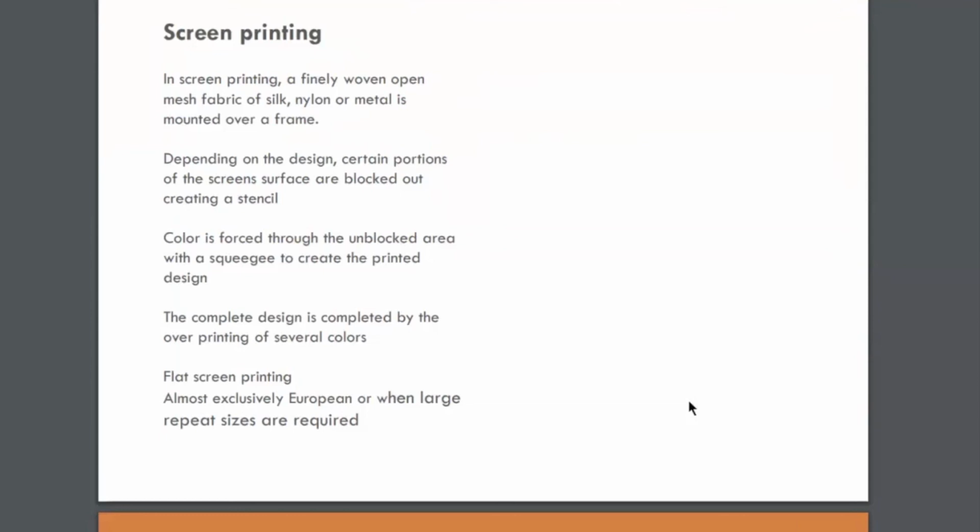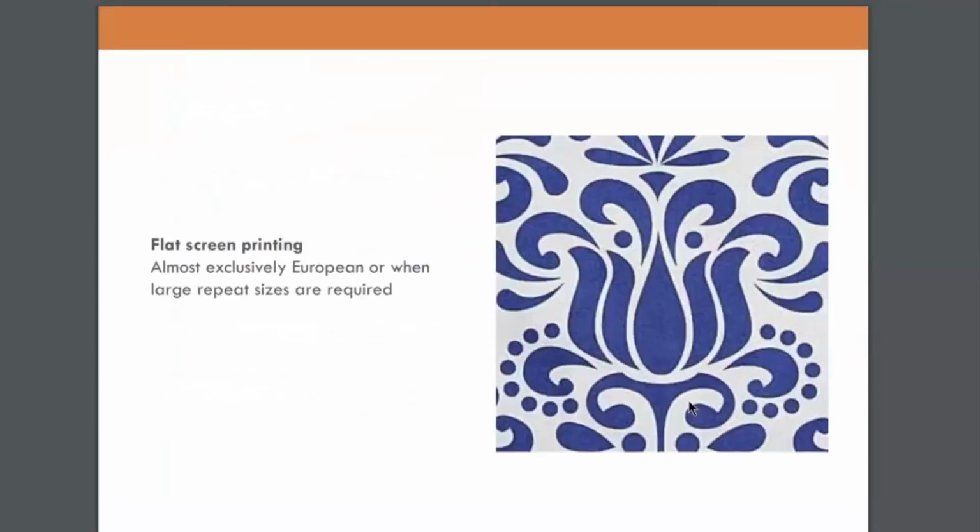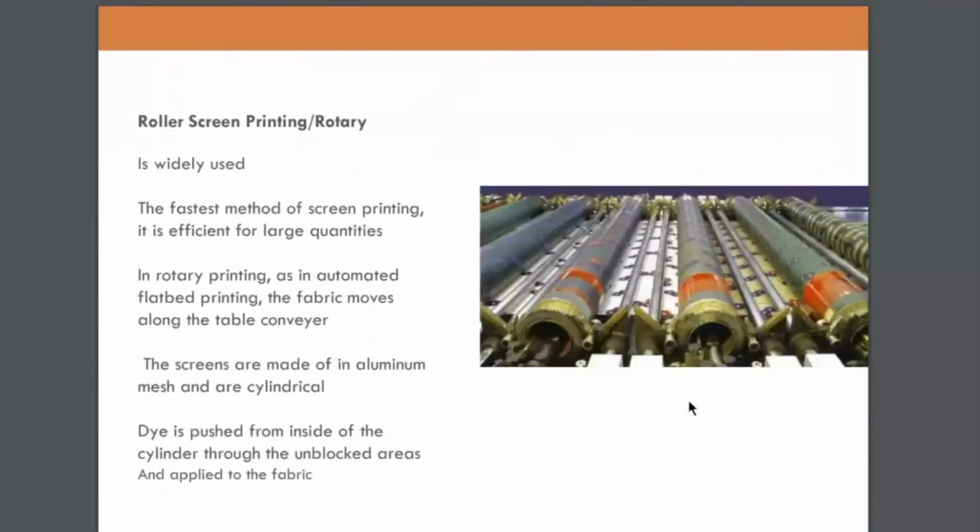But they also put several colors into a block or a cylinder. So flat screening is flat. And then roller screen printing is what most of our prints that we find as interior designers, this is the process that we see. So let's just read roller screen printing.